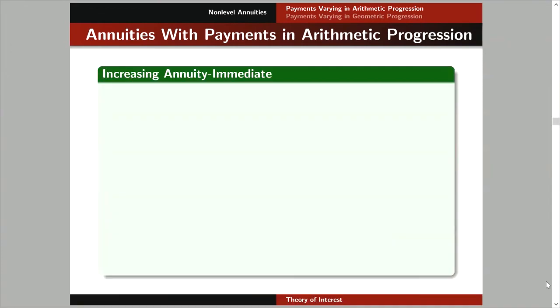Alright? Let's have an increasing annuity immediate first. So here, we consider the first payment is equal to 1, and then the amount of increase is equal to 1 also. So can you imagine how our time diagram will look like? Like this. So obviously, it is an increasing annuity immediate.